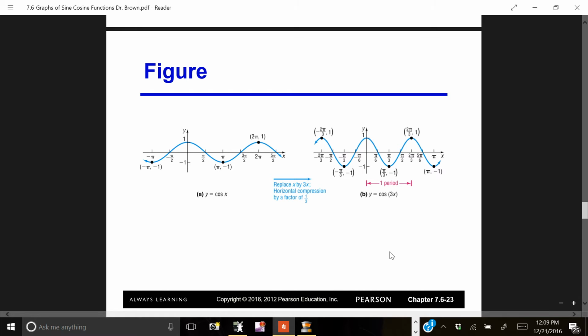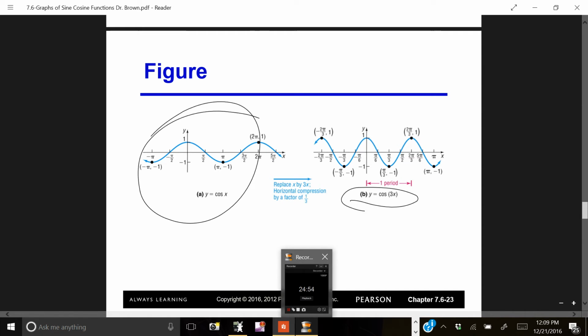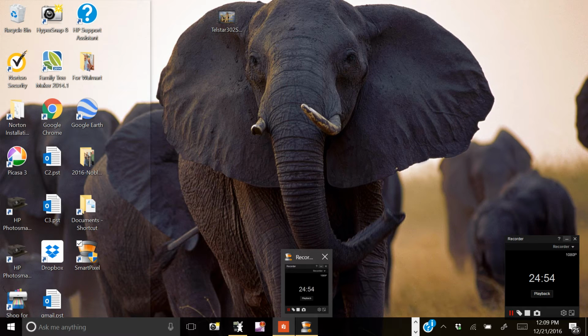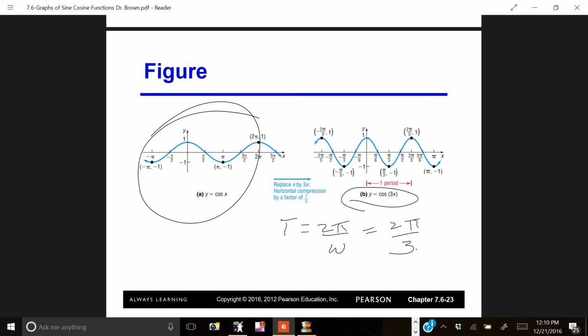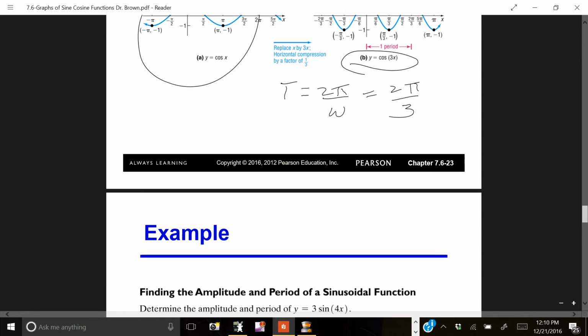If we started out with y equal cosine of x and graph y equal cosine of 3x, the period is 2 pi over omega, which is 2 pi over 3. So graphing it, we see it having one period from 0 to 2 pi over 3.